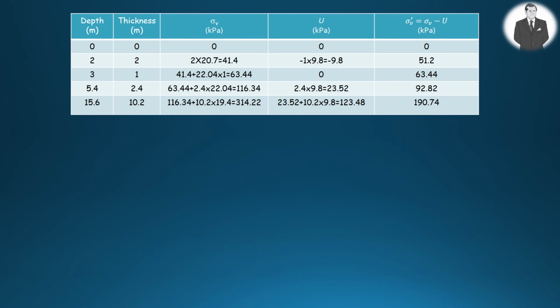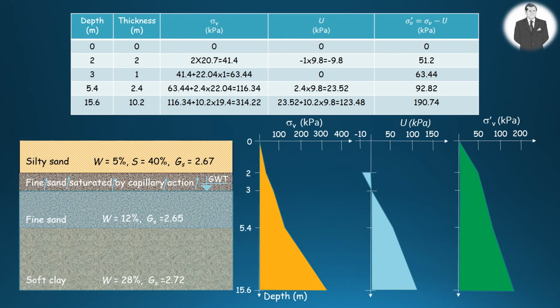Thereafter, total stress, pore water pressure, and effective stress for each depth are calculated and tabulated as shown. As a final step, variation of total stress, pore water pressure, and effective stress can be plotted as illustrated in the figure here.